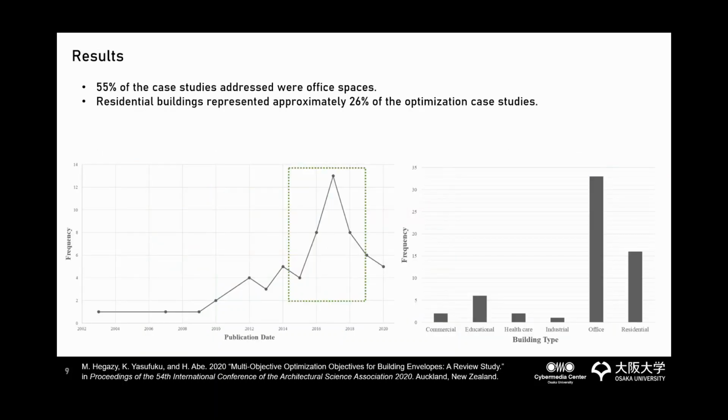By analyzing the 60 studies, a spike in related publications has been found between 2015 and 2019. Also, by categorizing the investigated case studies, it was found that 55% of the optimization cases were for office spaces, followed by residential buildings.